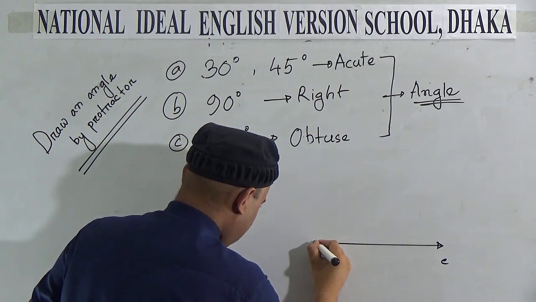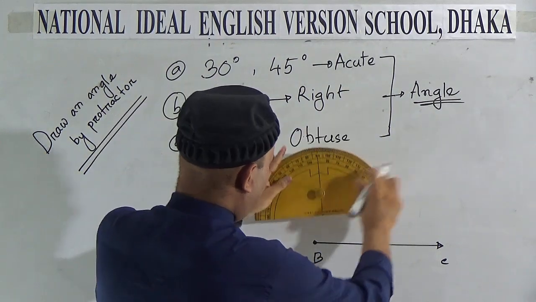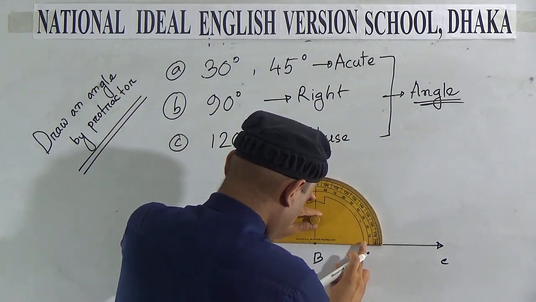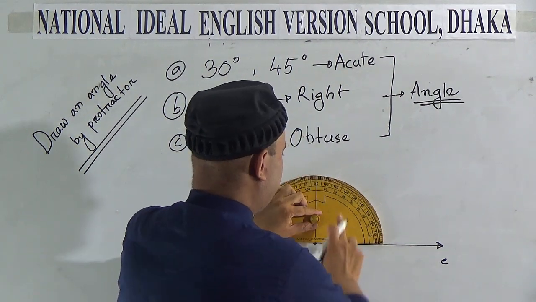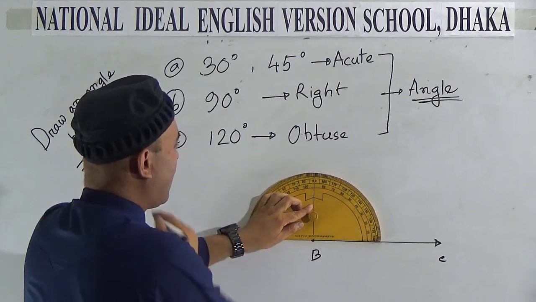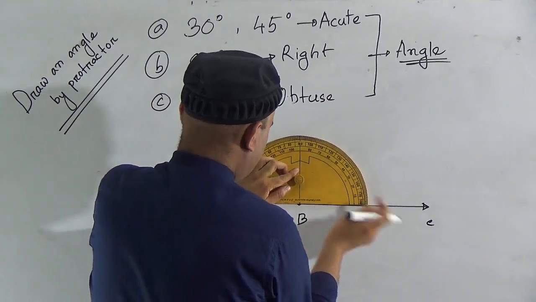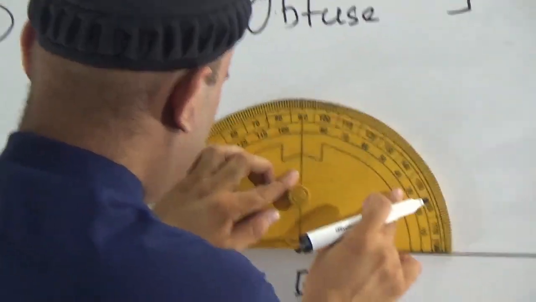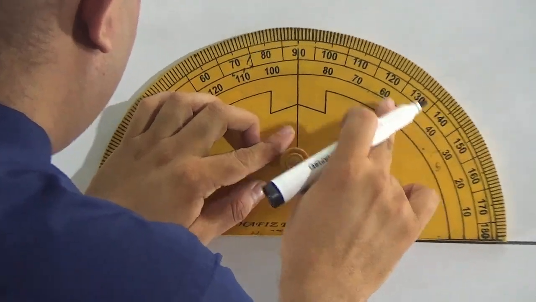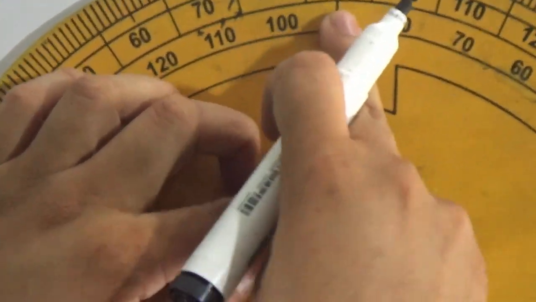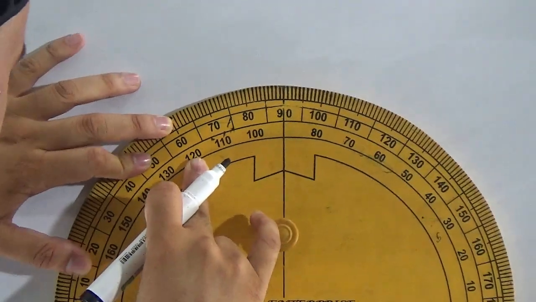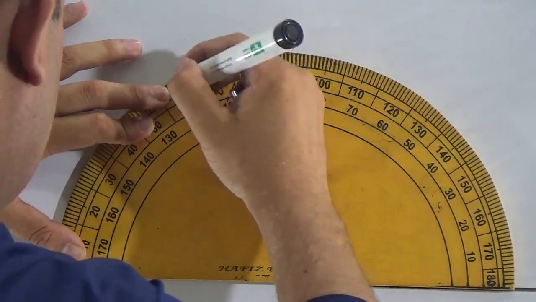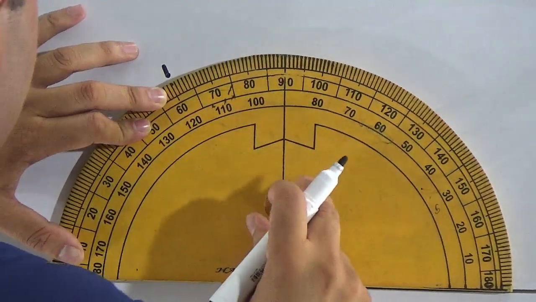Then take a point, put the protractor here and coincide the zero line with this base ray. Now count 120 degrees: 10, 20, 30, 40, 50, 60, 70, 80, 90, 100, 110 and 120. So this is the 120.